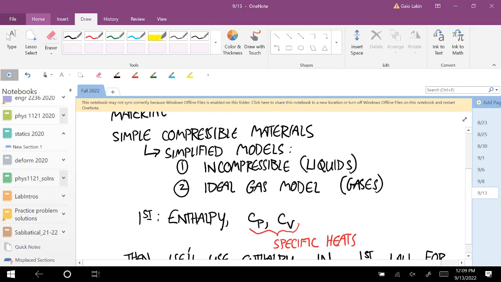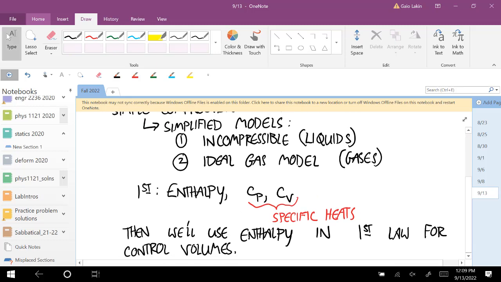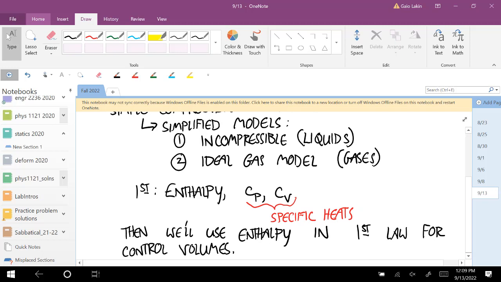So that's supposed to explain how all this stuff we're going to talk about fits together. We're going to talk about enthalpy and these specific heats. Enthalpy is useful when we talk about first law for control volumes. Control volumes is like if you have a turbine or a nozzle, and you have material flowing in one side and flowing out the other side.